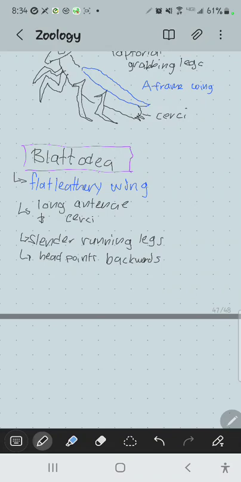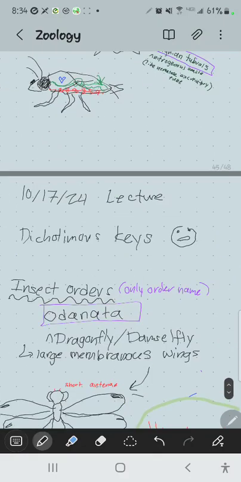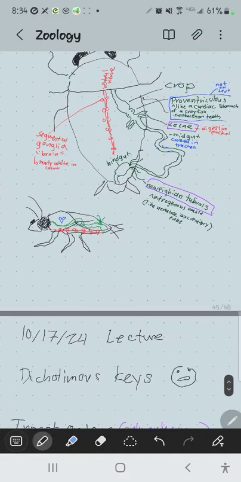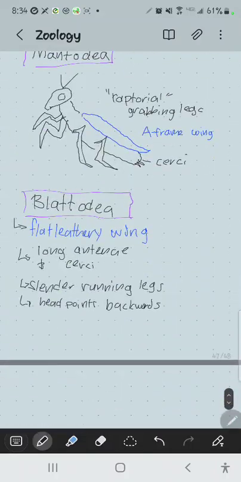Here's the abdomen here. Wings are kind of over the body. So here's what we've got going on. This is the body, usually with cerci, and legs. Okay, so here's what the head looks like.